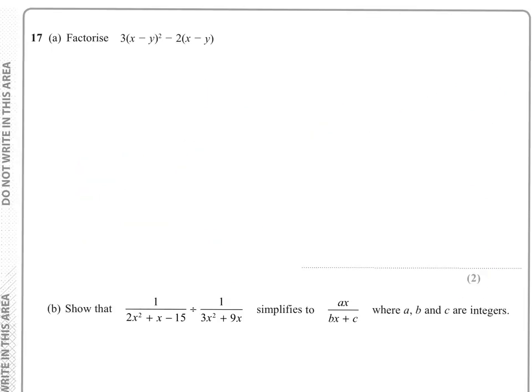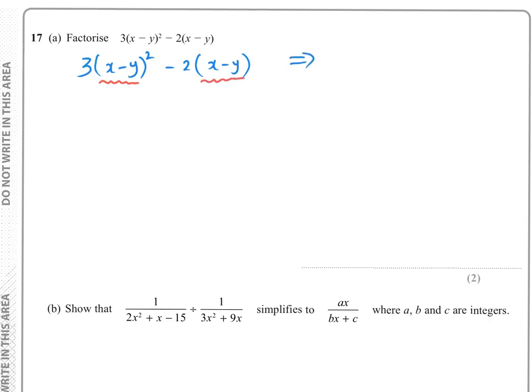Question 17. Well, when looking at this question, try and think what's apparent in both parts of this expression. Hopefully you can see there's an x minus y bracket going on here, and there's also one here.